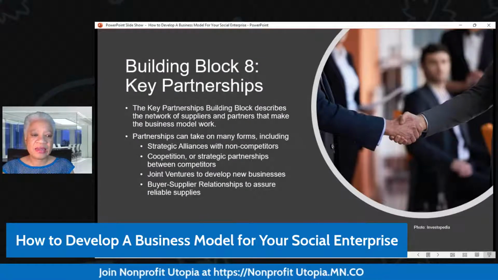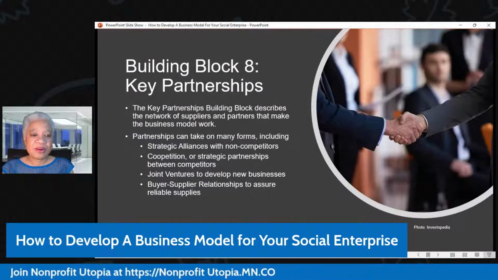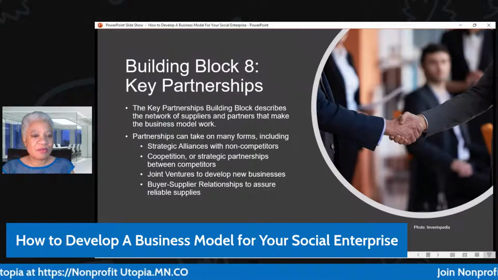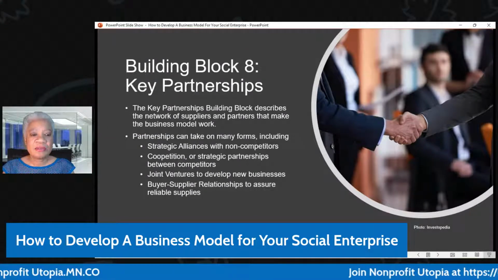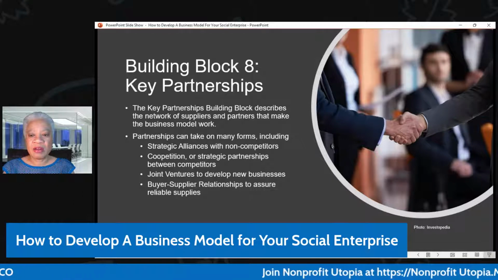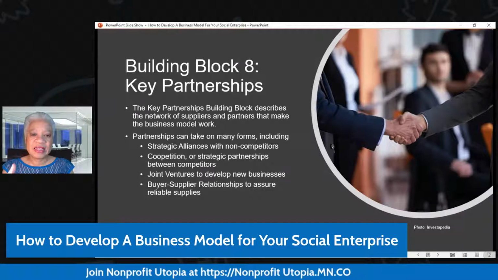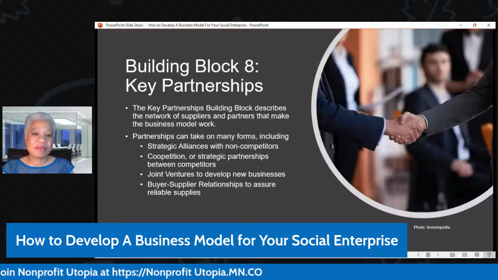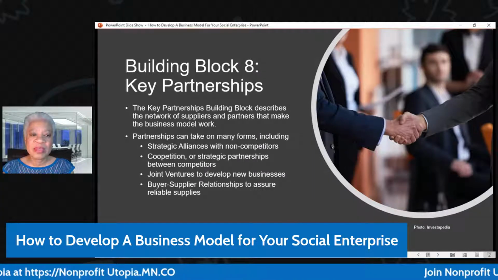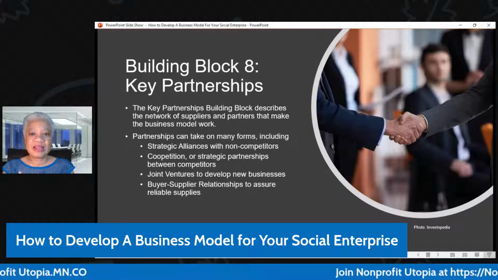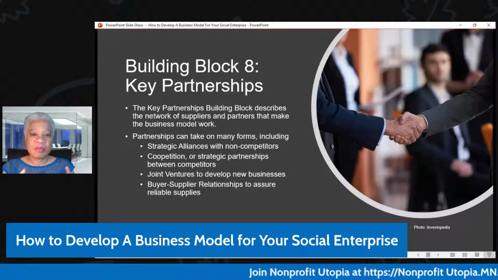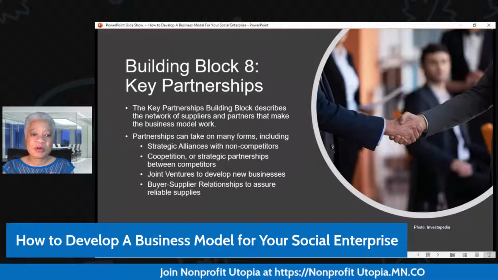Building block number 8, key partnerships, and I realize I have gone out of order. Your key partnerships can have various levels. They could be informal partnerships, they could be actual partnership agreements, they can be strategic alliances, which again is a contractual agreement.